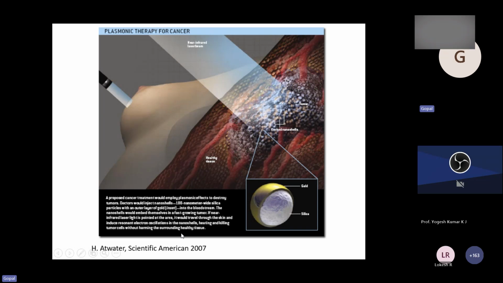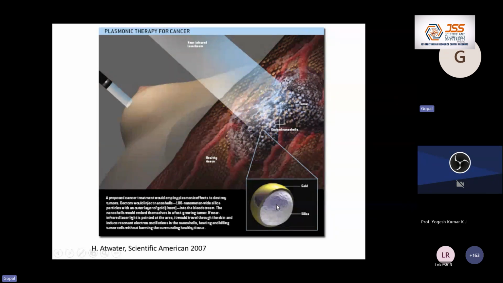Again, this is a Scientific American article. I'm taking a 2007 paper, but see, plasmonic therapy for cancer. Now the cancer cells are being killed using this technique. This is the gold nanoparticle with silica inside.